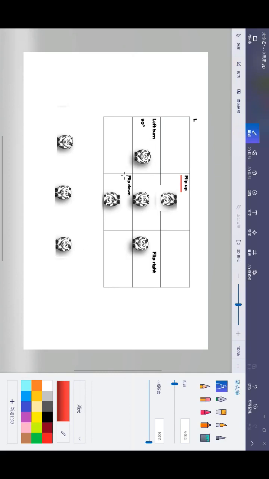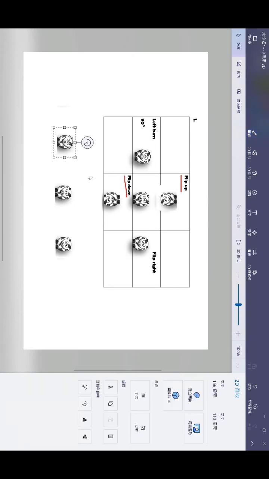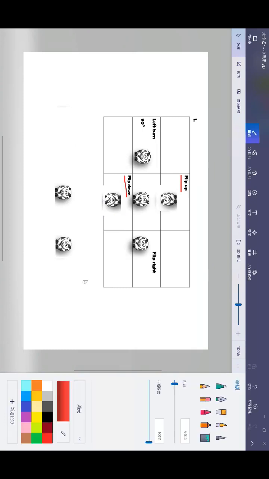Okay, so how about if we flip it down? Let's choose the second cow's picture. And then we try to flip it down. And now it looks exactly the same as the one we flipped up. Okay, and then we try to flip it to the right.